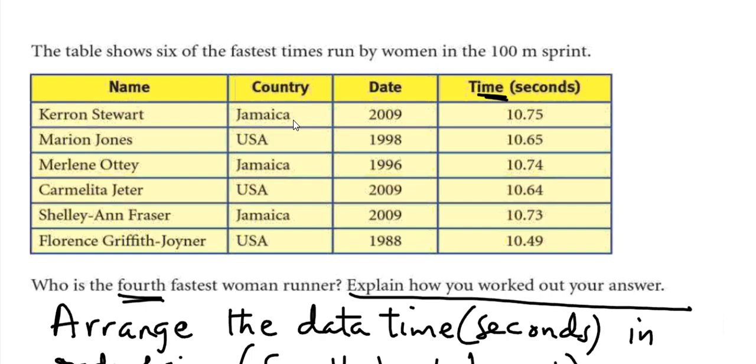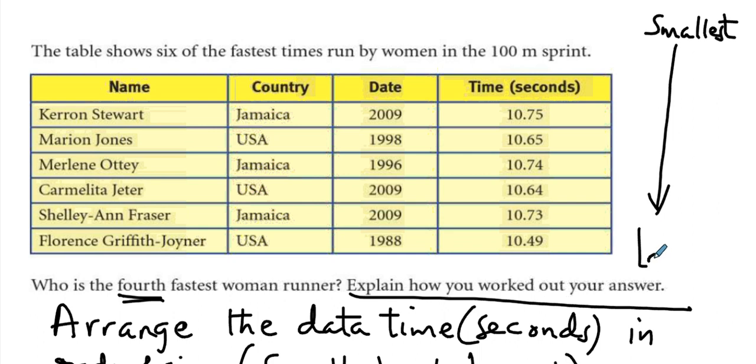Okay. Now let me put the smallest here, and I will be going all the way down until I hit the largest. Can you see that? Okay, here we go. The smallest time is, we want to check who came fourth. Okay, the smallest, we have 10.